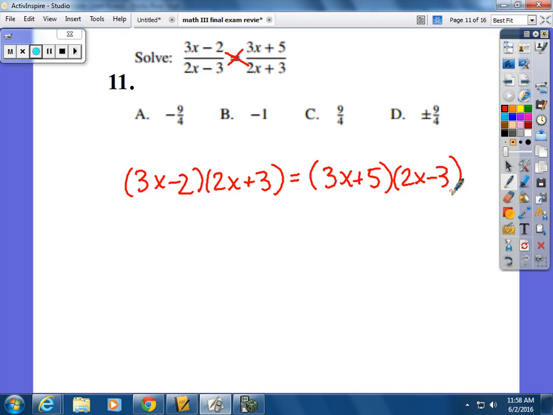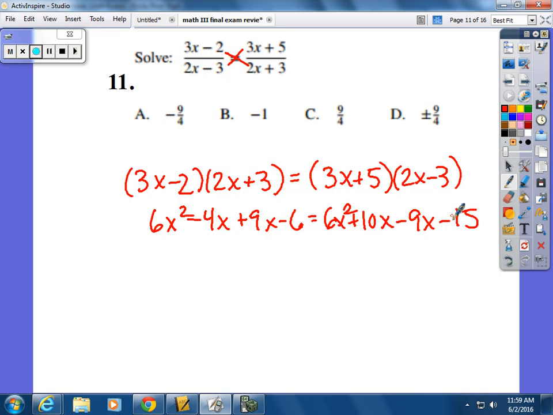So you've got 6x squared minus 4x plus 9x minus 6 equals 6x squared plus 10x minus 9x minus 15. So I have 6x squared on both sides. Those are going to cancel each other out. Combine like terms, and I have 5x minus 6 equals x minus 15.